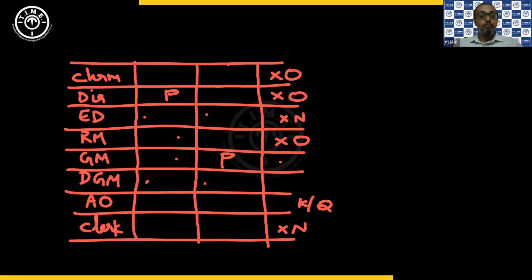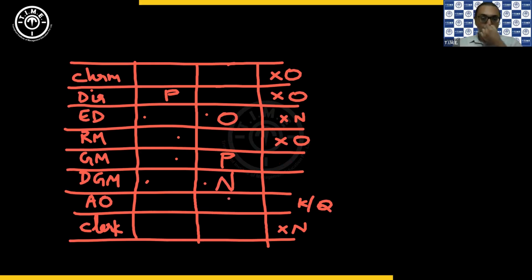So you cannot have N in that position. So the only possibility in the second case is you take O as ED and N as DGM. But in the first case, you do have two cases.